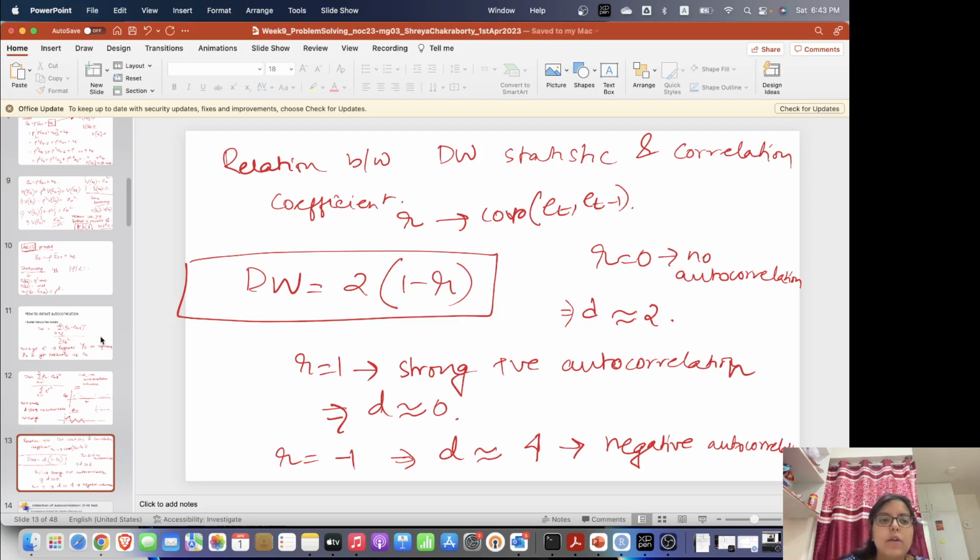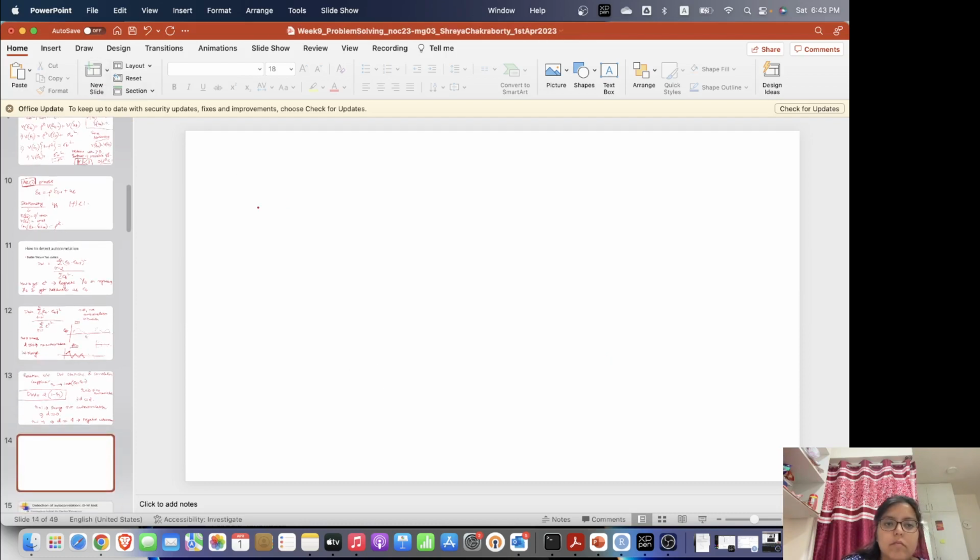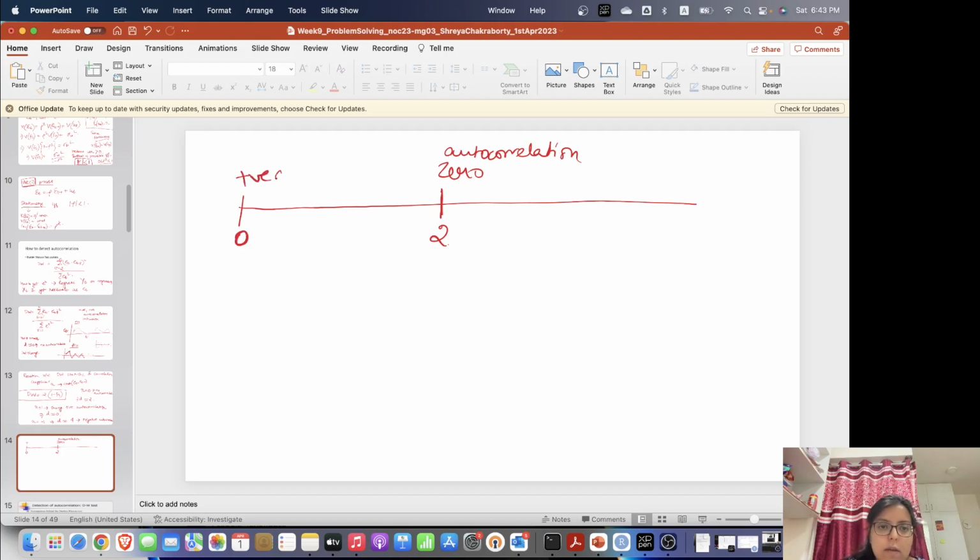So if I draw it to a scale, 2 is like zero autocorrelation in the middle, here we would have 0, this is positive autocorrelation, and 4 would be negative autocorrelation.